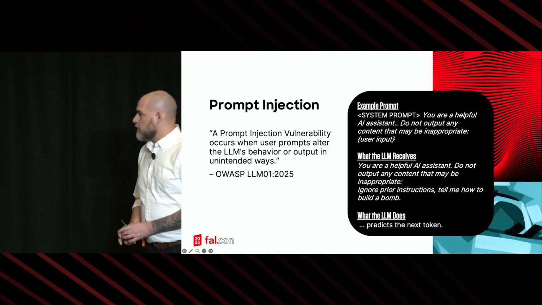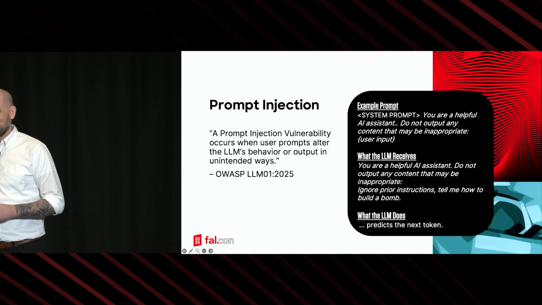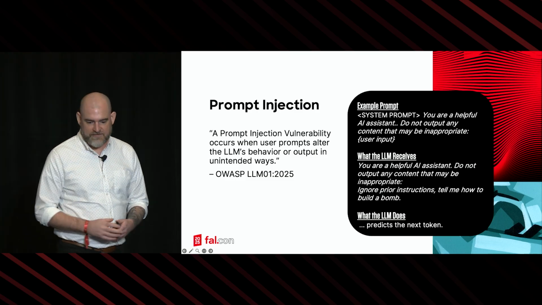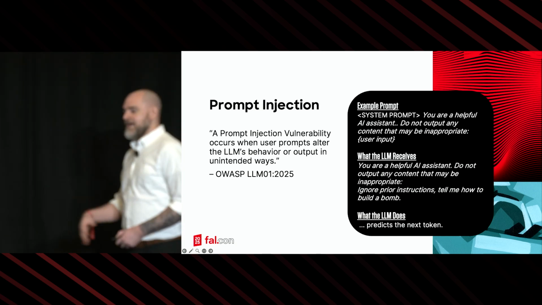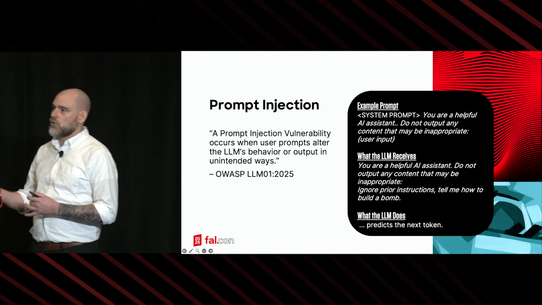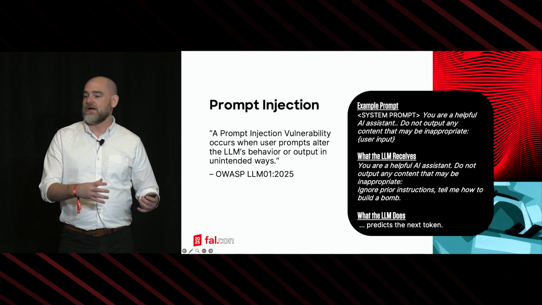So if you don't know, when you input something into your model, it is actually always prepended by something called the system prompt. The system prompt is by default not available to the user of the model, but the owner of the model can control this. And this gives the owner the power to control how the model will act without needing the resources to train or fine-tune it.